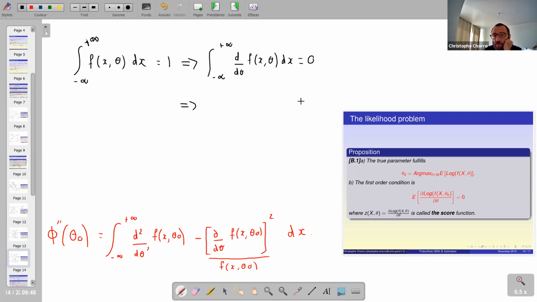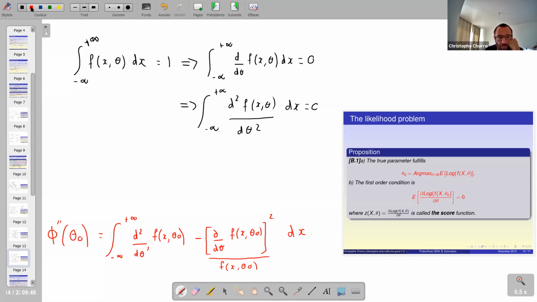And if I compute the other derivative, I also obtain 0, because if I compute the derivative of the derivative, I obtain a right-hand term at 0.